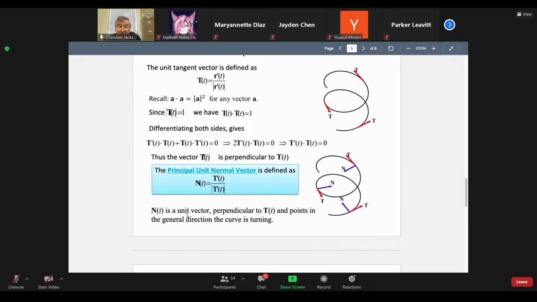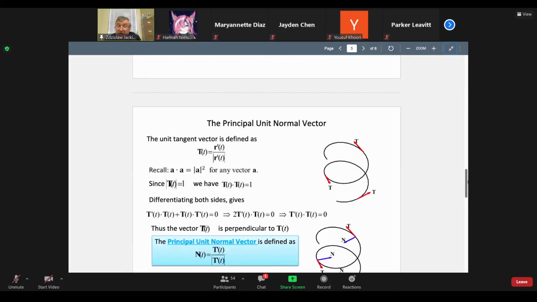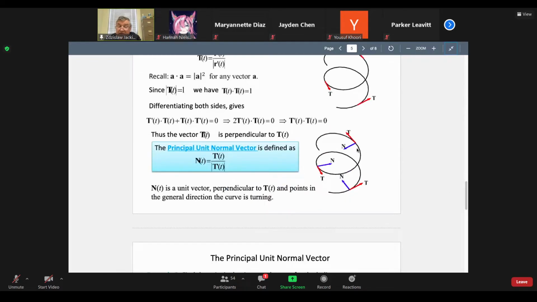So N of t is a unit normal vector, is perpendicular to T, and points in the direction where this curve curves. So here, you see it curves like this. The unit normal vector always points in the direction where the curve is turning.